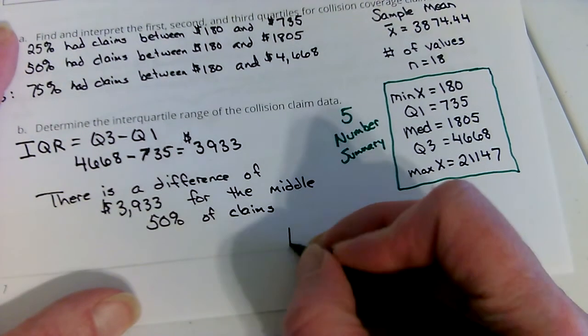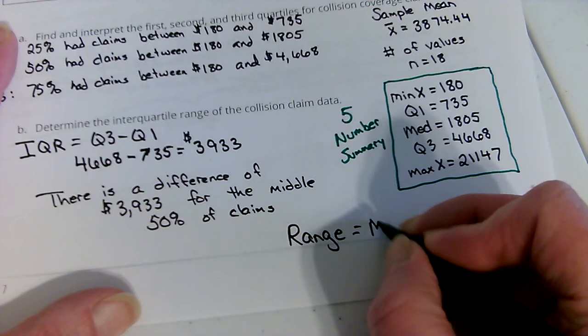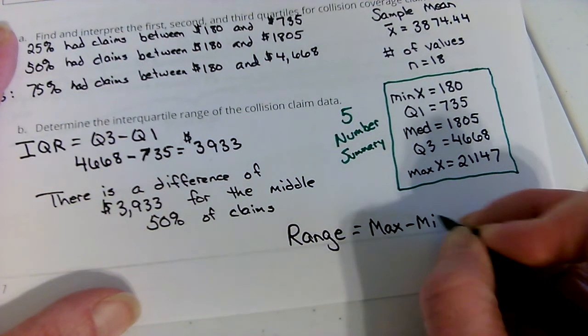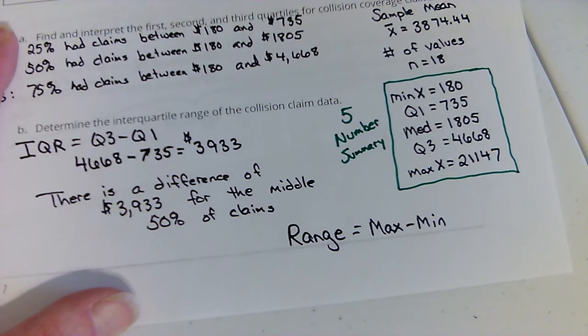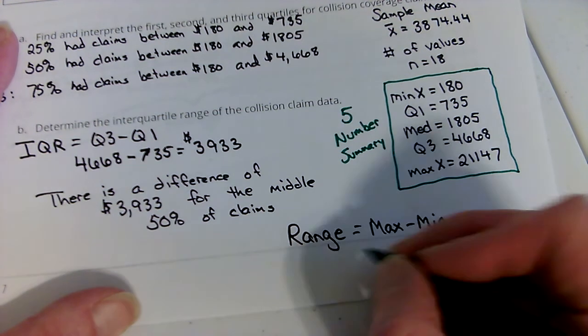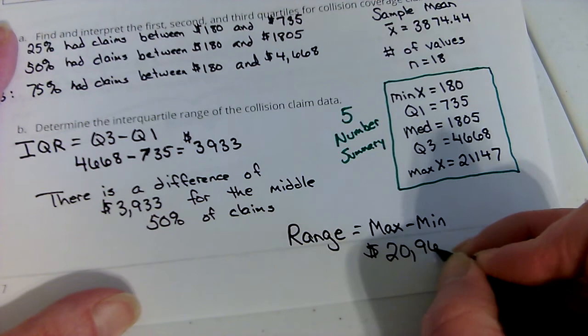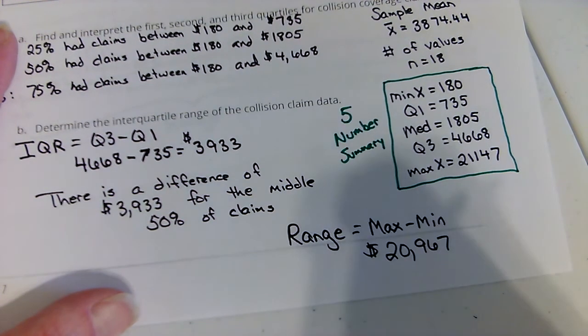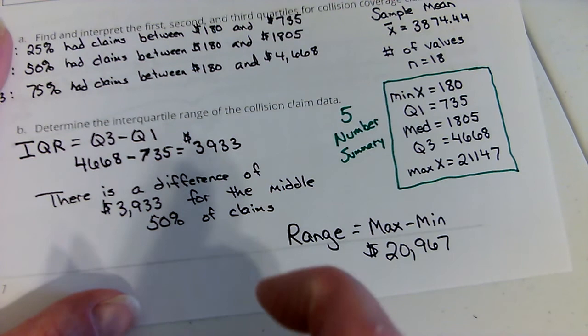Because if I was just looking at the overall range, which is max minus min, that would be an overall of $20,967, but only 4,000 is right there in the middle.